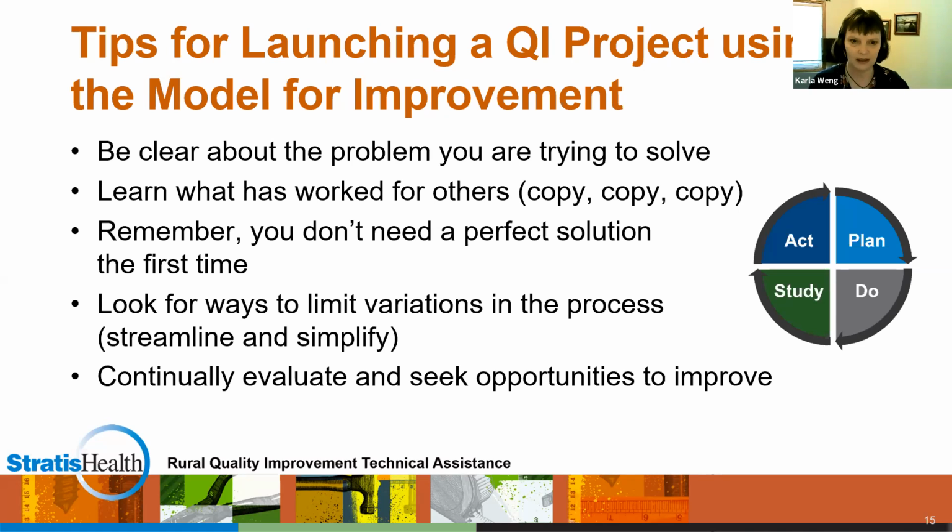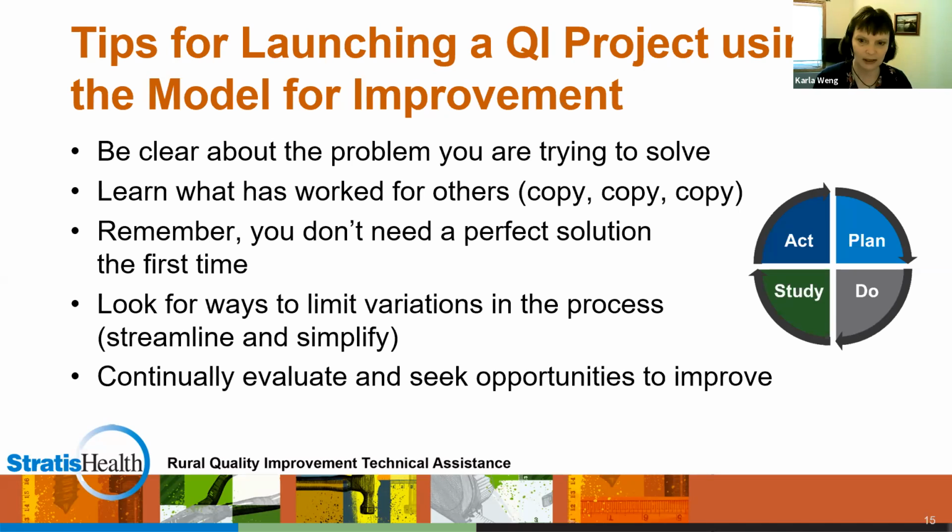Also important, even though I emphasize the importance of planning, is to know that you don't need a perfect solution the first time. It's better to have a plan and start working through it than to plan and plan and plan and then not get to actually working on it. We encourage you to look for ways to limit variations in the process, which is a fancy way to think about how you streamline and simplify things.